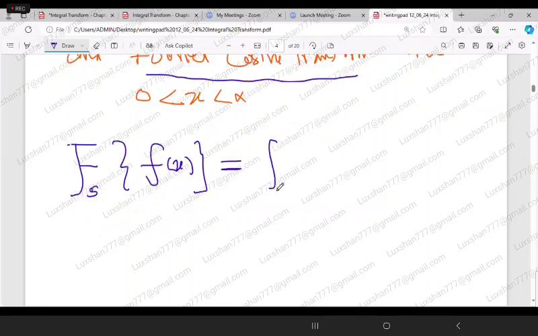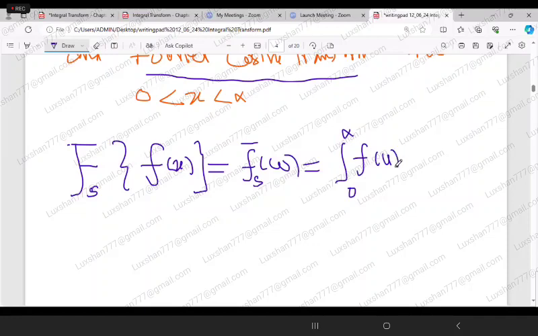We write this as f bar s of omega, and it is defined as the integral from 0 to infinity of f(u) sine omega u du.